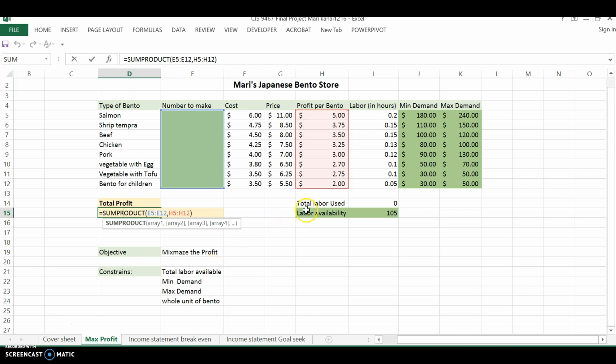Also, the total labor used in hours should not be greater than labor availability. The number to be made must meet minimum demand to keep customers happy. In the meantime, it must not exceed maximum demand.